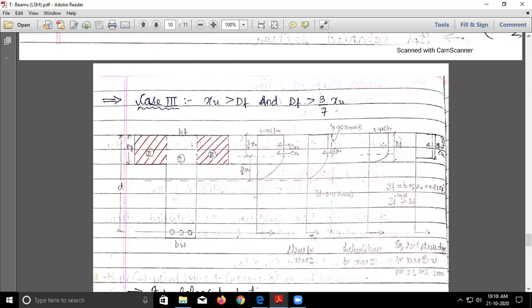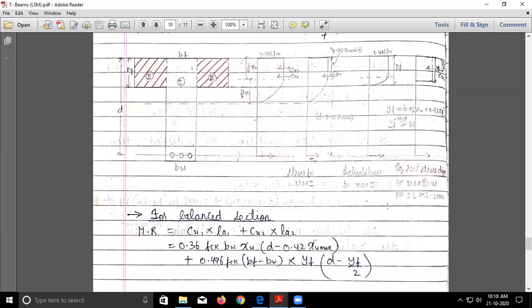Analyzing it again for two areas is tedious, so for simplicity, IS code has given an equivalent rectangular stress diagram for this area. The second force acts at the center of it. Let us say that is CU2 or YF. This is as per IS 456, and the distance from the top compression fiber will be YF/2. So that is the only difference here.